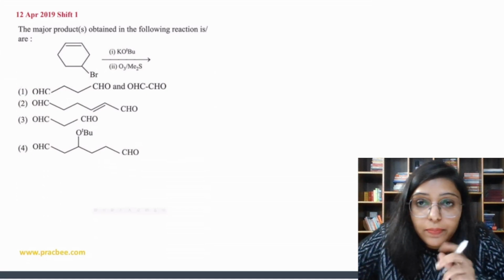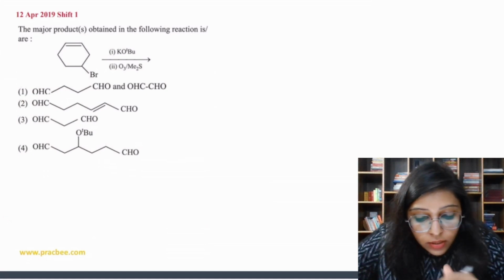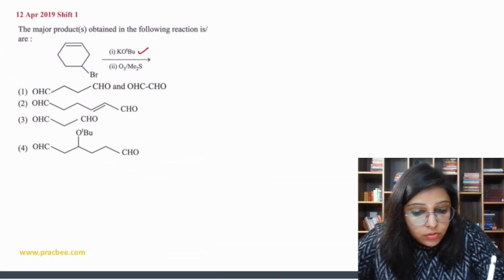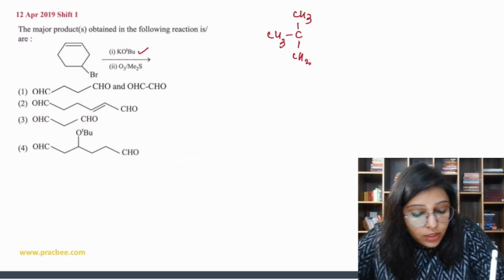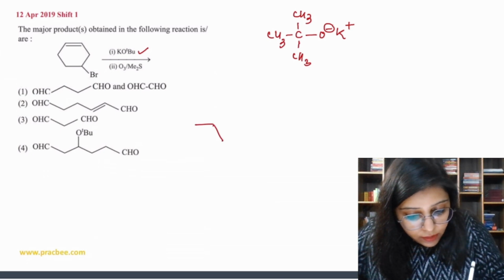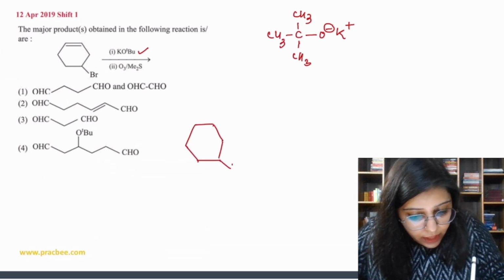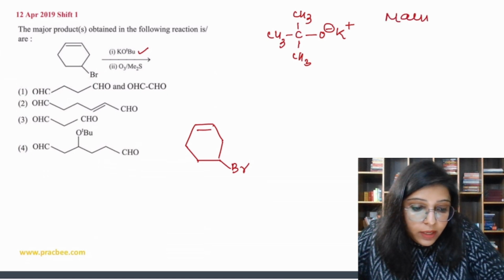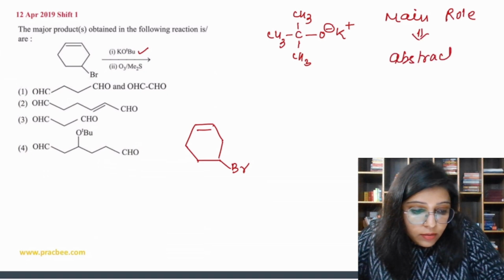We have this situation. The major product obtained in the following reaction is a. So this is tertiary butoxide: CH3, C, CH3, CH3, and this is O minus K plus, potassium tertiary butoxide. We have Br and this. The main role of tertiary butoxide is to abstract a beta hydrogen.